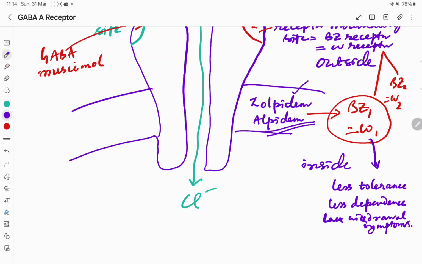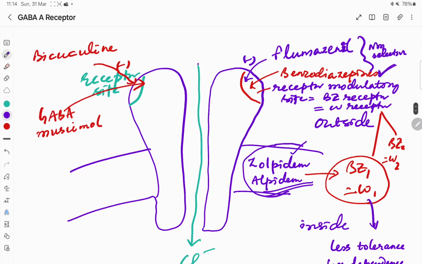So this is the advantage of these drugs. They are only anxiolytic and sedative hypnotic drugs, and they lack the muscle relaxant and anticonvulsant activity of benzodiazepines.